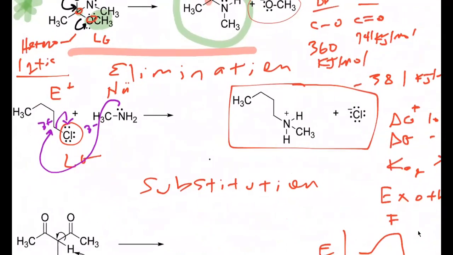If you look at the product, you can see that chlorine picked up an extra pair of electrons. I'm just going to highlight these because they're on the same side where chlorine was bonded to carbon. So it picked up an extra pair of electrons. And then also now I have a new bond between carbon and nitrogen.